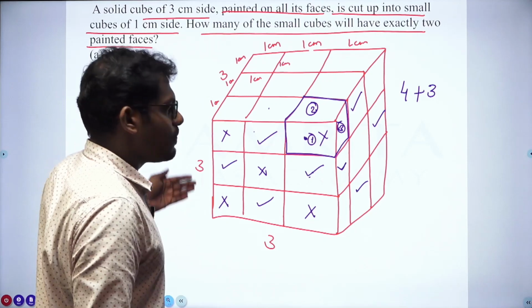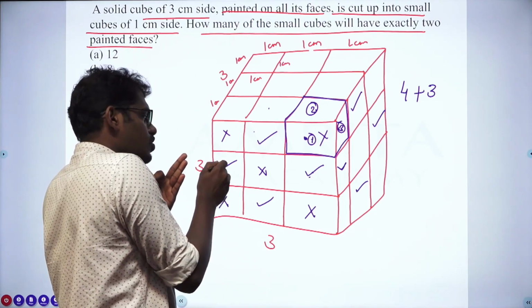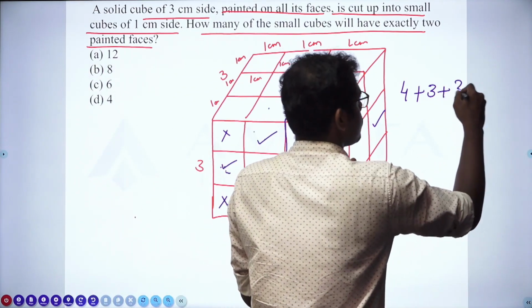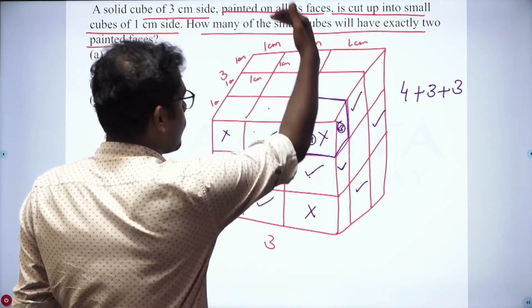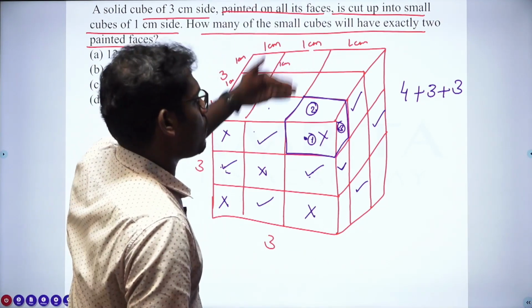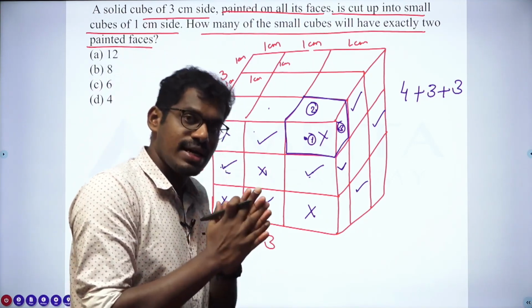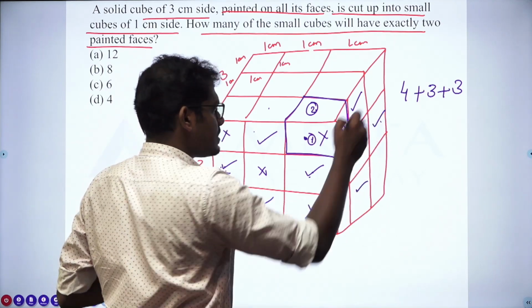Similarly, the left face also has 3 cubes. See, this cube is also counted. What are remaining? It remains 3 cubes. Right? Okay. Now we are left with one other face, the opposite face. For that opposite face, how many cubes are already taken? See, listen. This face is already taken.